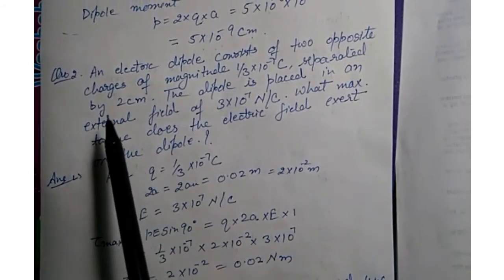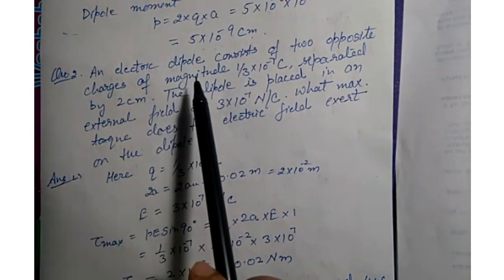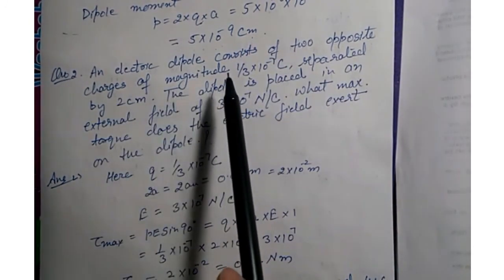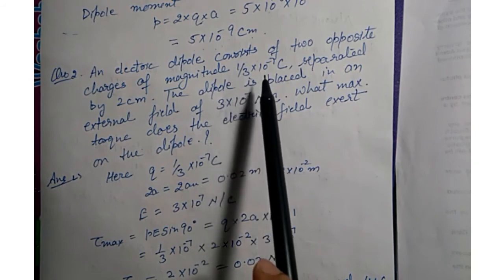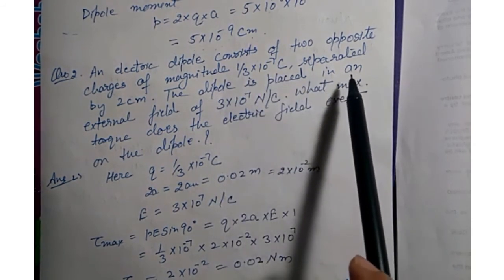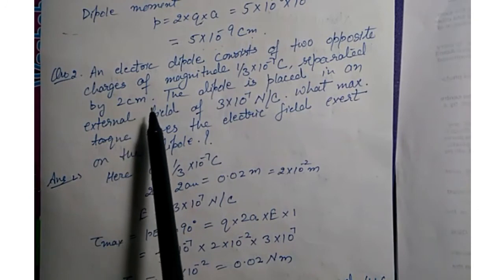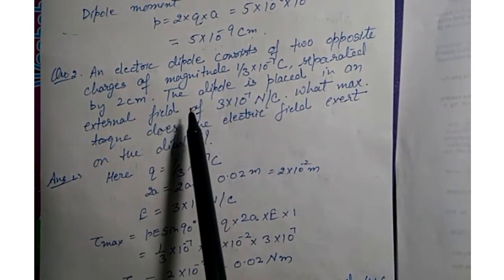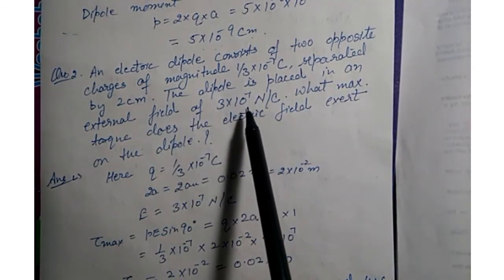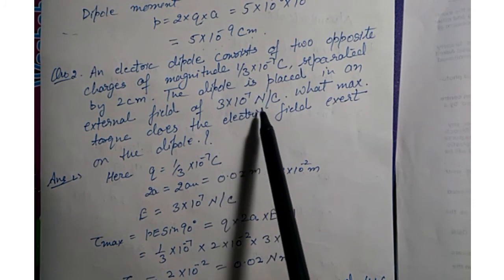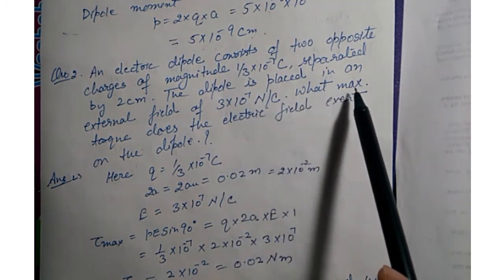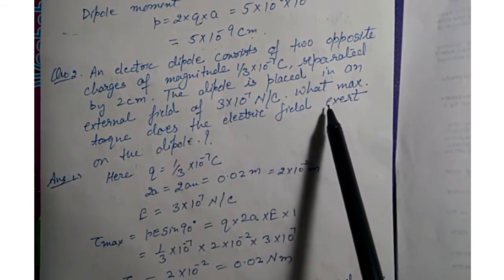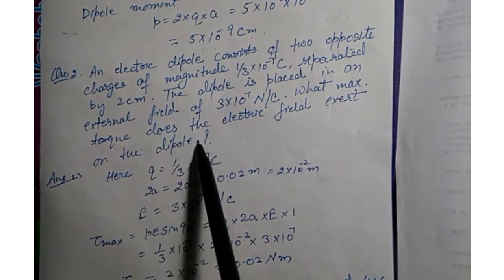The next numerical problem: an electric dipole consists of two opposite charges of magnitude 1 by 3 into 10 raised to power minus 7 coulomb, separated by 2 centimeter. The dipole is placed in an external field of 3 into 10 raised to power 7 Newton per coulomb. What maximum torque does the electric field exert on the dipole?